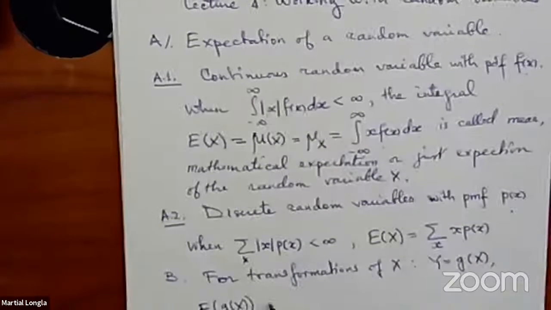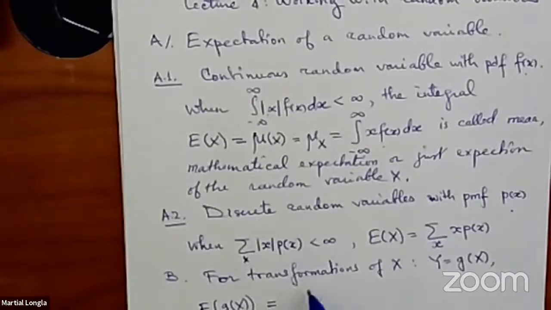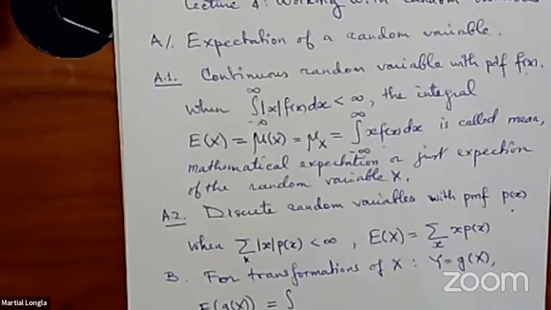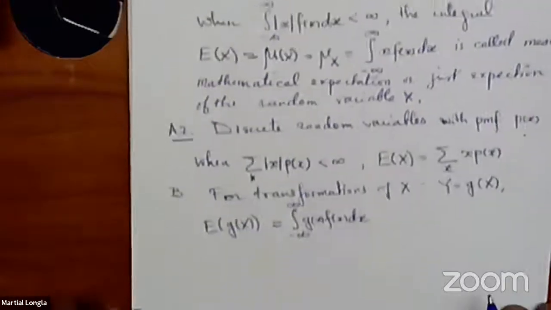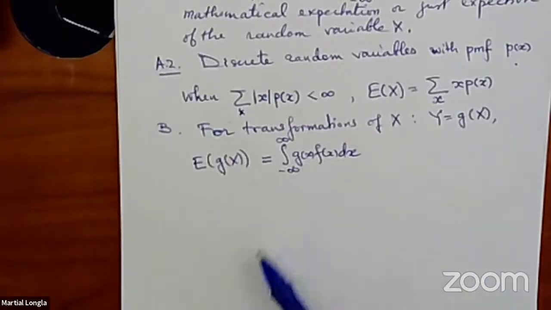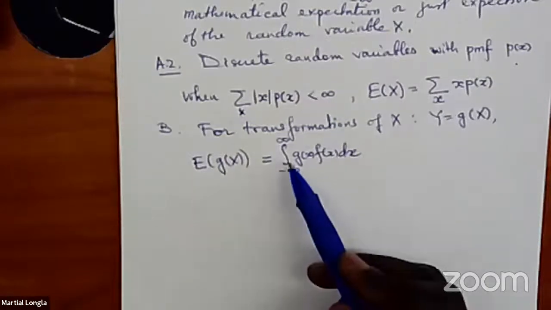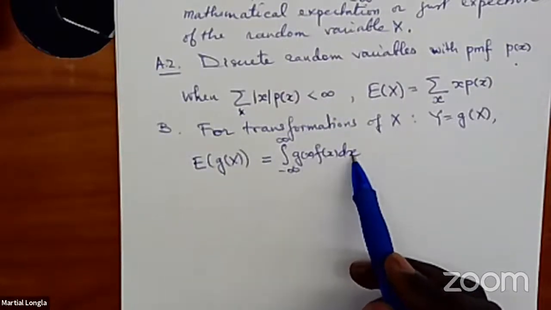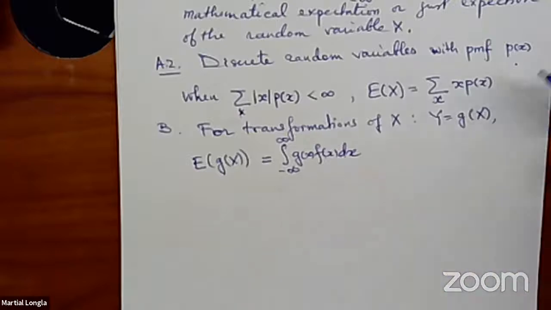The expected value is going to be equal to the integral from negative infinity to infinity of g(x) f(x) dx, where f(x) is the density of x.